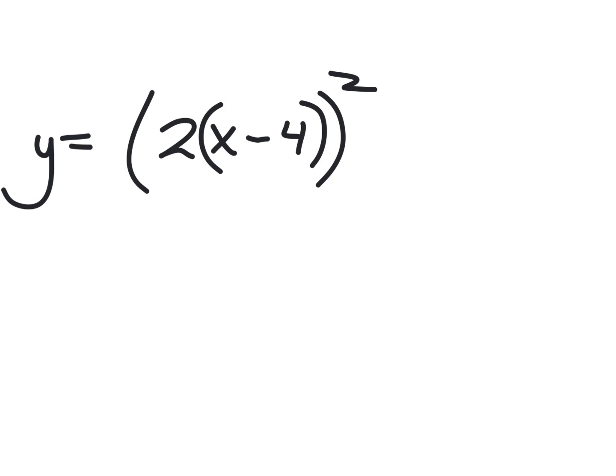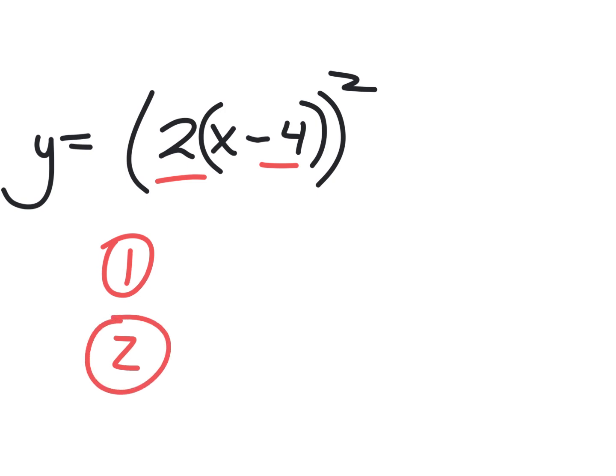Does anybody remember what it's called when you multiply by something? Stretch. Very good. We'll talk more about those on a different day, but for right now, you can just call it a stretch. So there's two things. There's the first thing and there's the second thing, and make sure you do them in the right order, which is opposite of what you would expect.